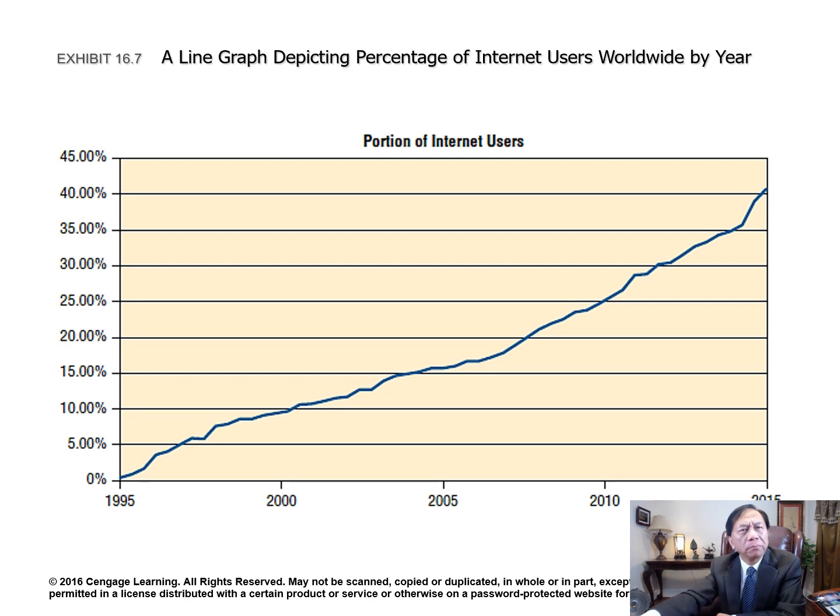This one shows the percentage of internet users from 1995 to 2015. See, almost nothing in 1995, up to now over 40%. Now it's probably even higher today. Okay. That clearly shows the trend of internet use.